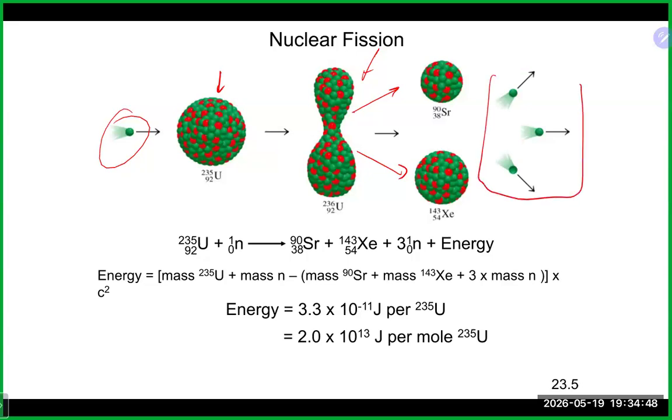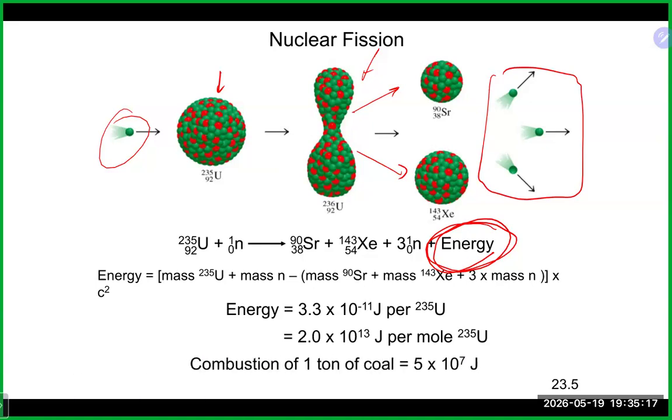It will also produce some neutrons in that process, and a lot of energy is given off. And just for comparison, you can see there per uranium 235, you get about 3.3 times 10 to the minus 11 joules per uranium, which basically accounts to about 2 times 10 to the 13 joules per mole of uranium.